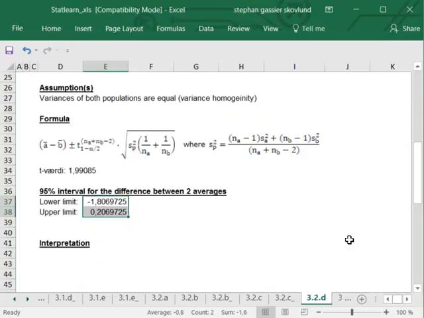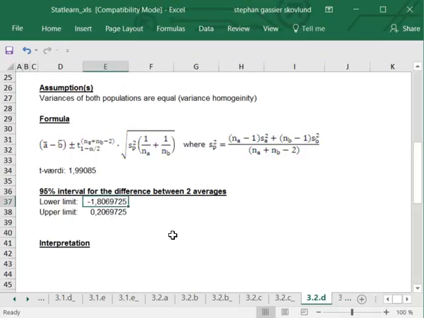This interval is not an average, it is the difference between average 1 and average 2. Sometimes people misunderstand it and think this is the average for ad 1 or ad 2, but this is the average difference between ad 1 and ad 2, okay?